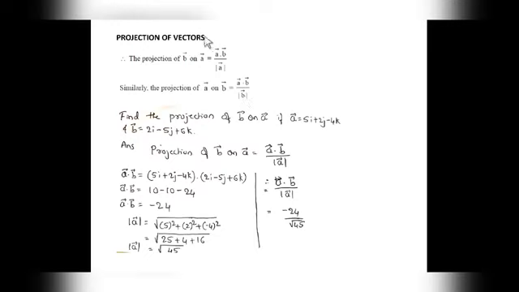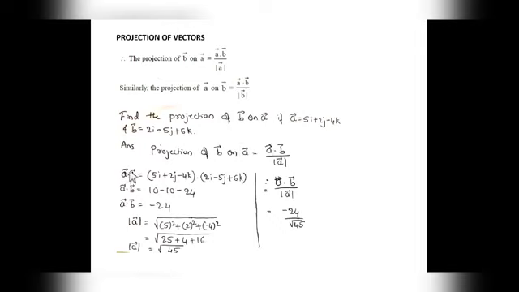Let's understand this concept by some examples. Here we have an example. Find the projection of vector B on vector A if vector A is equal to 5i plus 2j minus 4k and vector B is equal to 2i minus 5j plus 6k. Answer. Now we have to find out the projection of vector B on vector A. So I have to use the first formula.